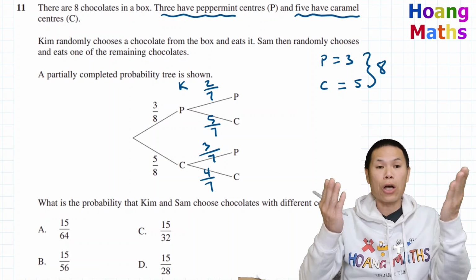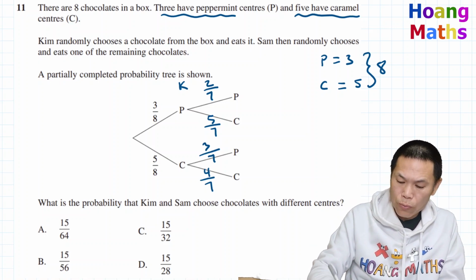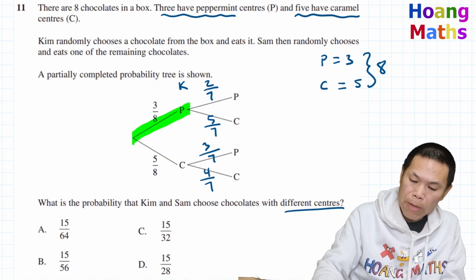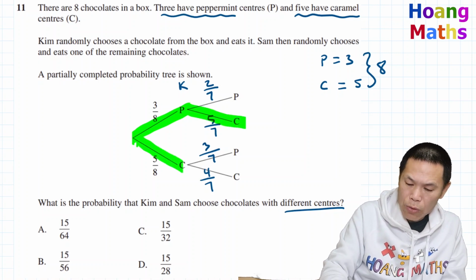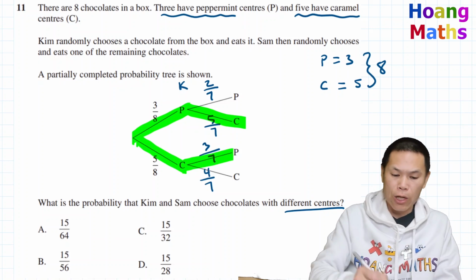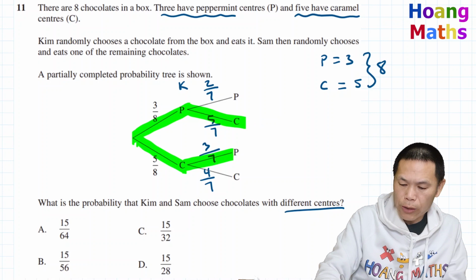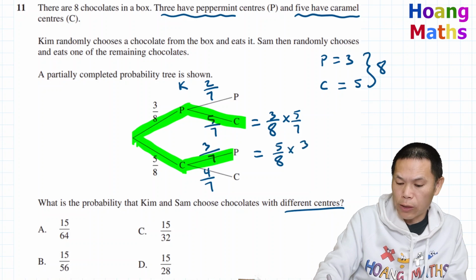The question is, we need two different centers. That is peppermint with caramel or caramel with peppermint. Let me work out this branch first: 3 over 8 times 5 over 7. And for this branch, we have 5 over 8 times 3 over 7.